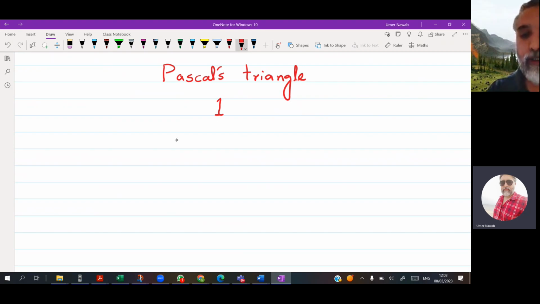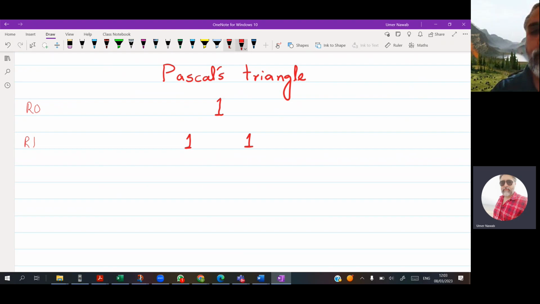And then in the second row, this is your row number 1. Or you can call it row 0. Why not? I can write it as R0. R0 means row 0. Now row number 1, I'm going to write here 1 on the left and 1 on the right, and keep the upper one in the middle.